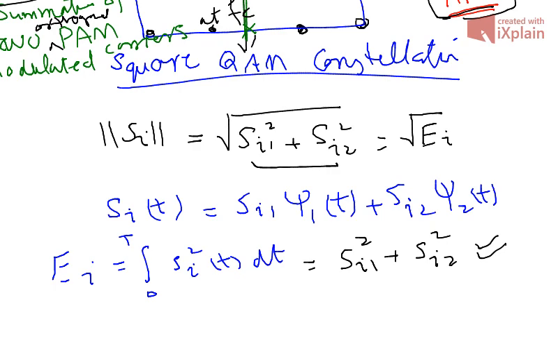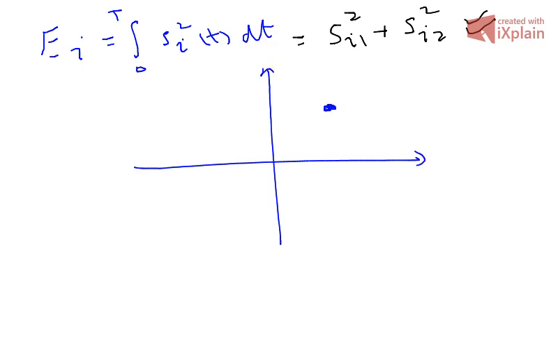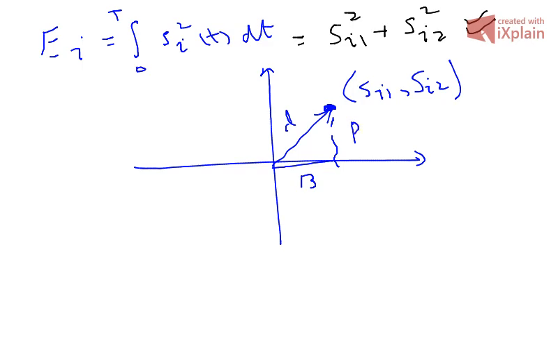And if you observe it from the signal constellation diagram, suppose this is your QAM symbol, and it has two components, s_i1 and s_i2. You are familiar with the Pythagoras theorem, right? The square of the hypotenuse is equal to the square of the base plus the square of the perpendicular.